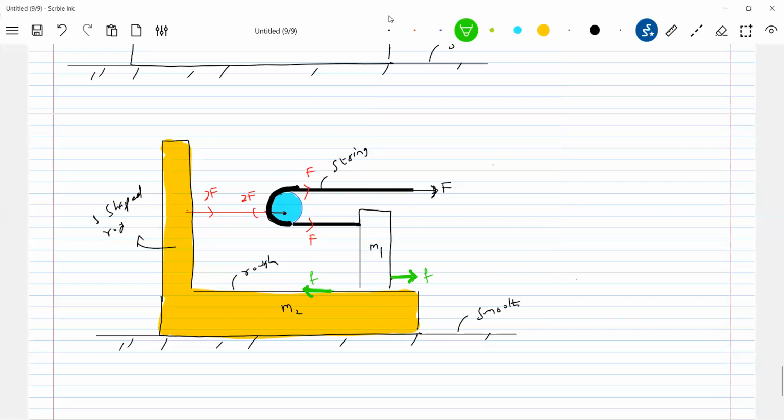This is the static friction. Later on, I'll make it limiting. Both will move together. What is the net force acting on the system? That F only, no? So they must have acceleration towards the right. Write down the equation on the block. How will the block move?